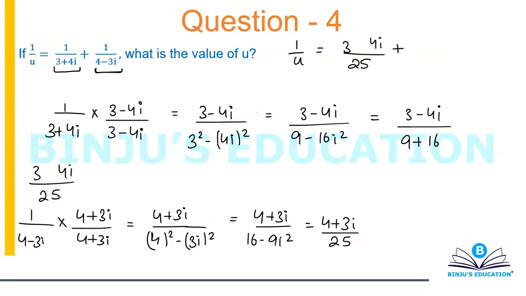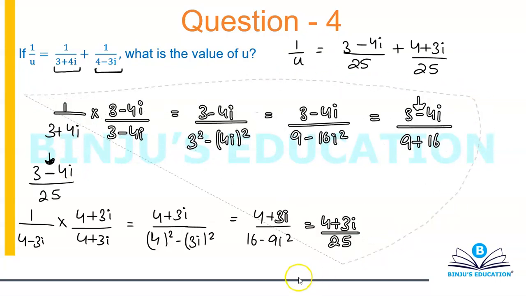This is 3 minus 4 iota divided by 25 plus 4 plus 3 iota divided by 25. There was a negative sign here, I made it positive, I do not know why. The second part is correct, you need to have 4 plus 3 iota in the numerator. So I'm going to remove all these calculations, they're not required now.